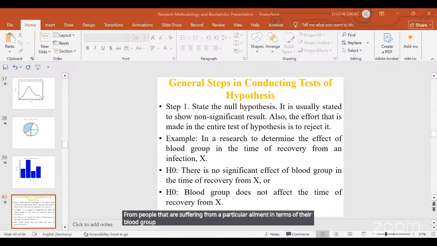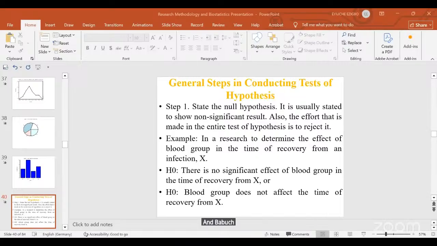And WHO says that they are in the ratio or the proportion of blood group A 0.2, blood group B 0.1, blood group AB 0.5, and blood group O 0.2. This may be a standard that WHO has come up with.